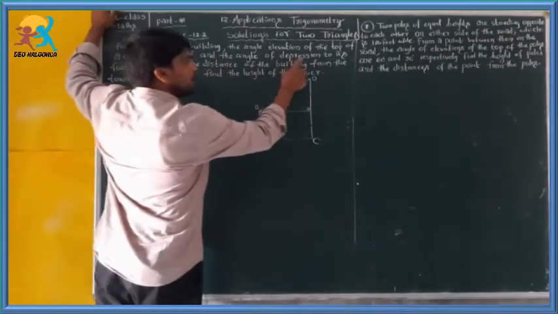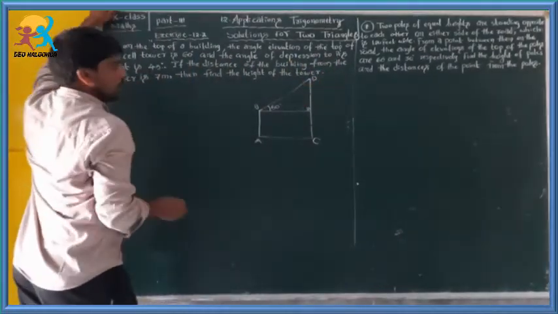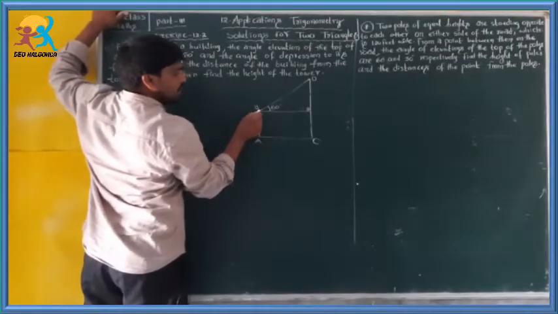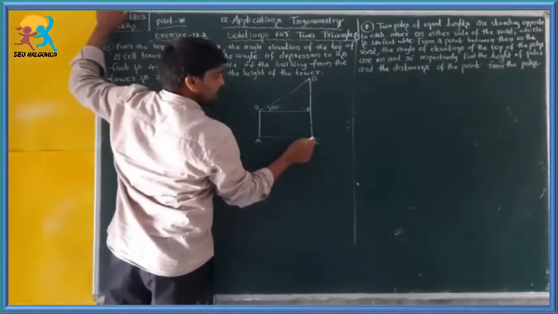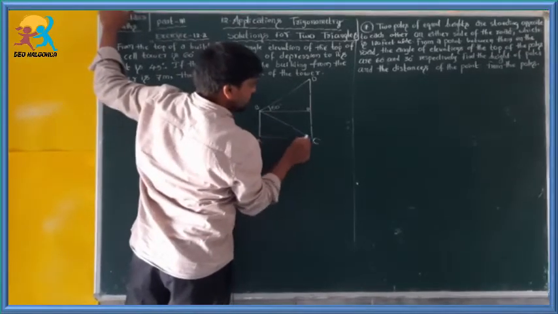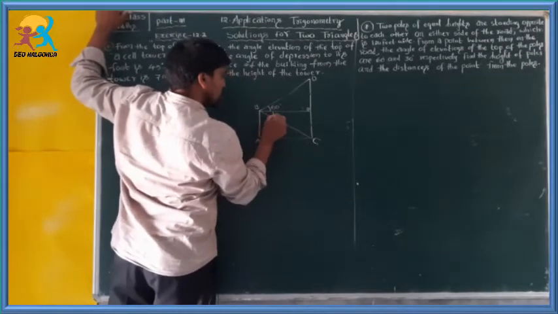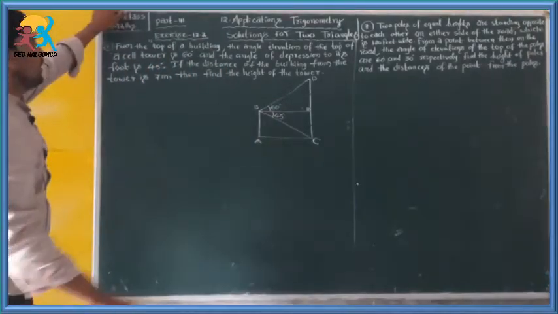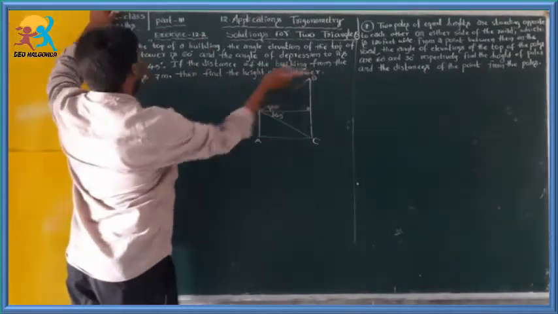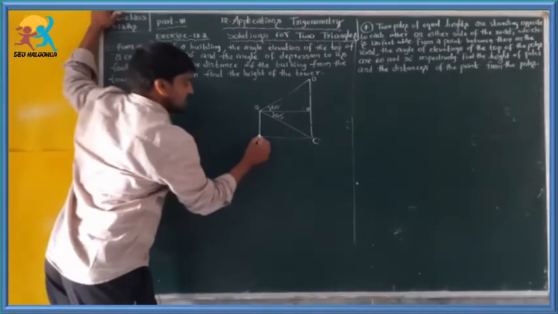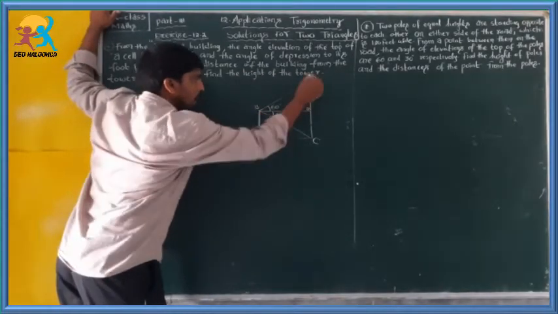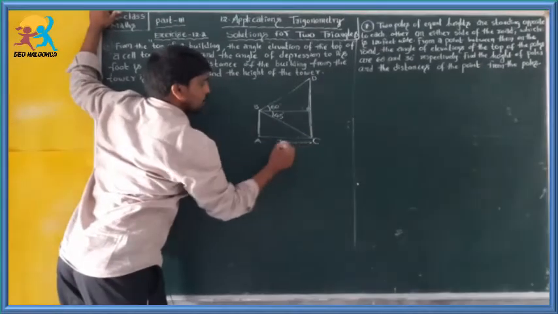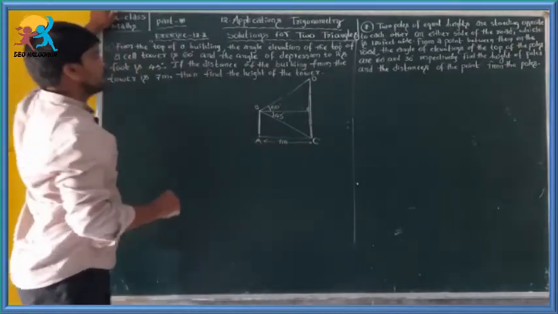And the angle of depression to its foot from the same point B, from the top of the building to the foot of the tower, is 45 degrees. Okay. If the distance of the building from the tower is 7 meters. Okay.